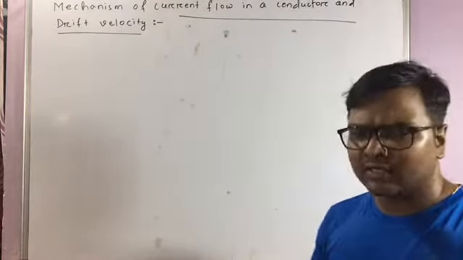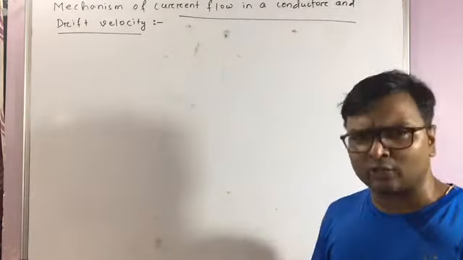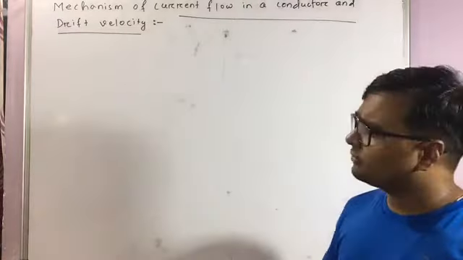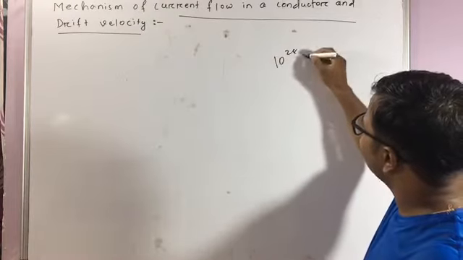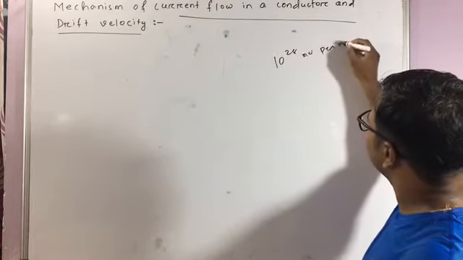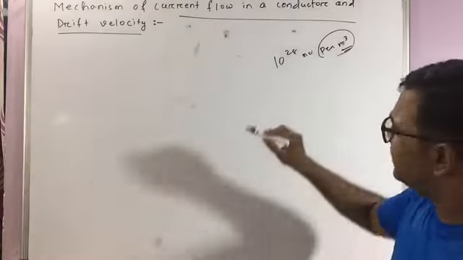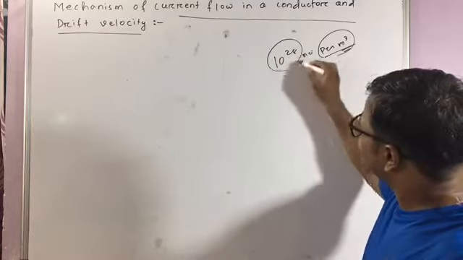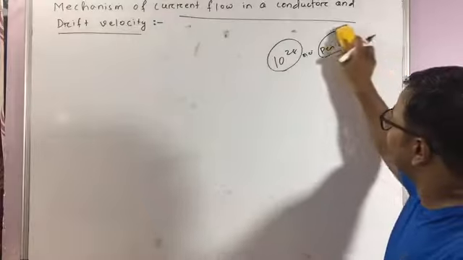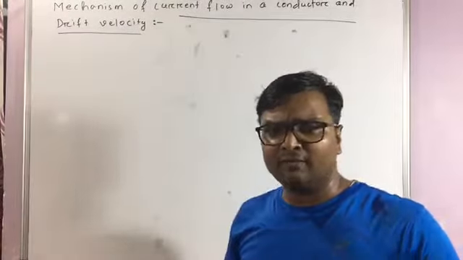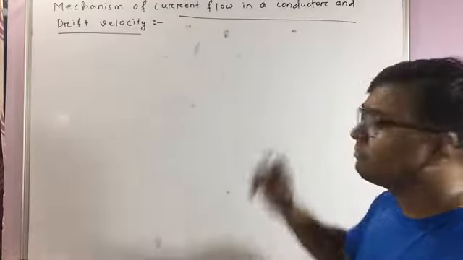And a typical good conductor has a large number of free electrons, of the order of 10 to the power 28 per meter cube. If the volume of the conductor is 1 meter cube, you will find 10 to the power 28 free electrons. It's a variable number, but the order will be like that. The number is very huge.